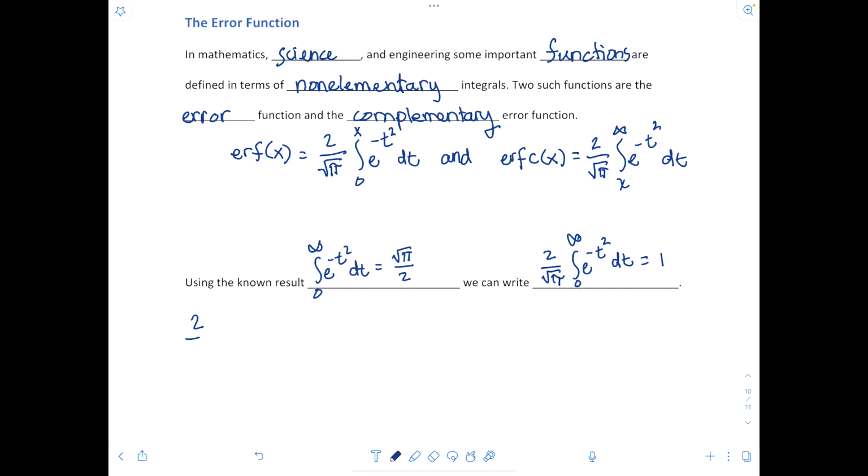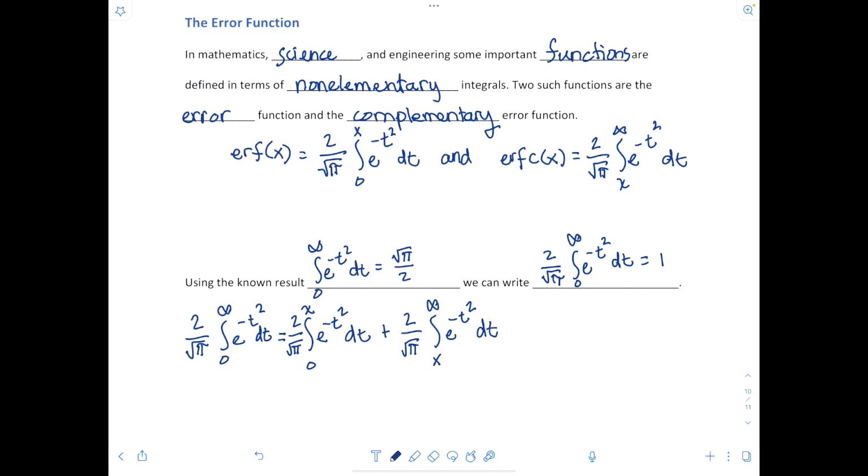So if we look at the whole thing, 2 over root pi times the integral from 0 to infinity of e to the negative t squared, that's going to be equivalent to 2 over root pi times the integral from 0 to some x of e to the negative t squared dt plus 2 over root pi times the integral from x to infinity of e to the negative t squared dt, which has to equal 1 because they're complementary.